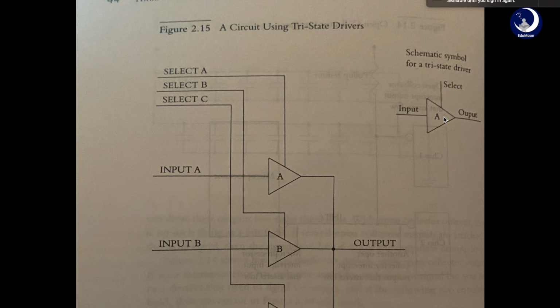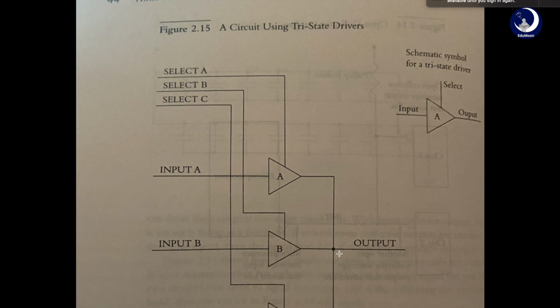In this particular circuit diagram, say there is one more input here. I just cropped it by mistake. It's very simple. I have some input C like this, and even that is connected to a tri-state driver, and the outputs from all three are combined and connected to this particular point.